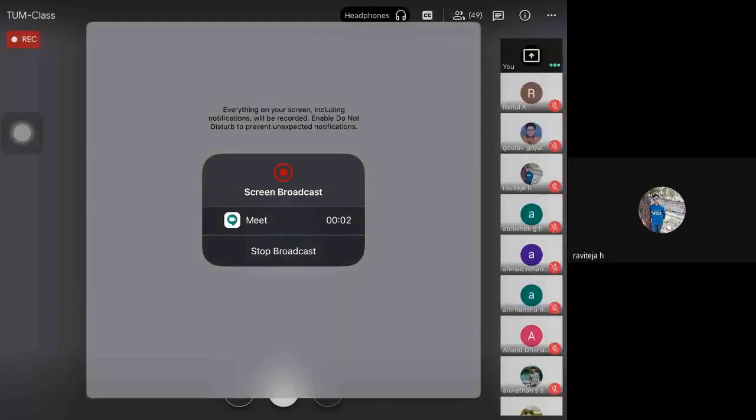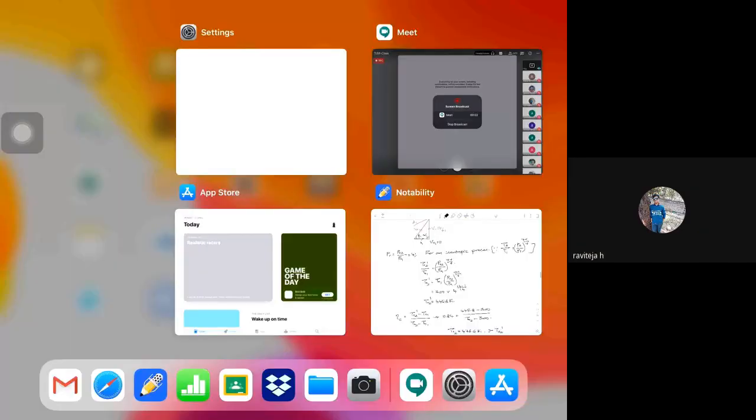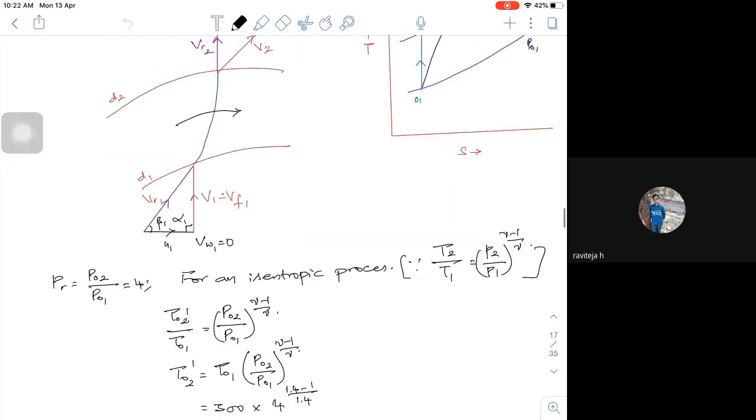There is some connection issue, so yeah, it's back. Okay. Now, if I look at the inlet velocity triangle, what is my tan beta 1?